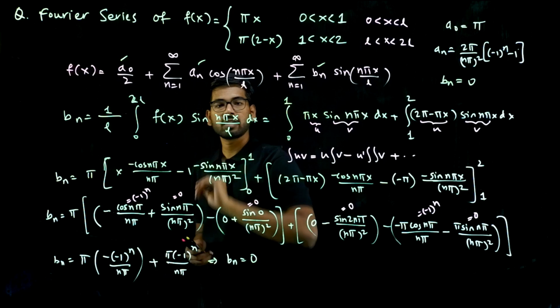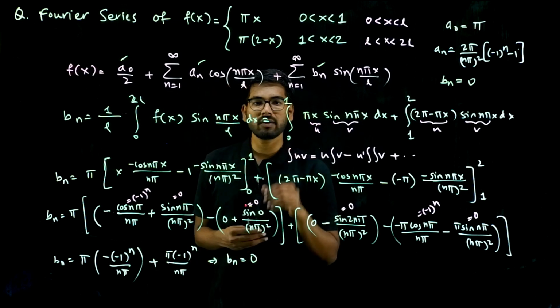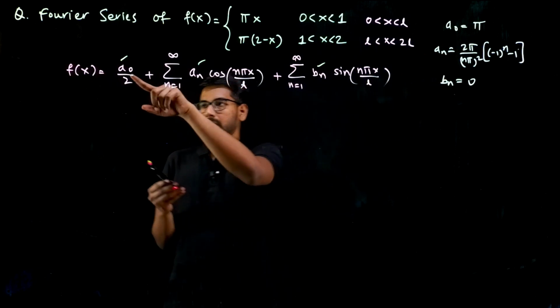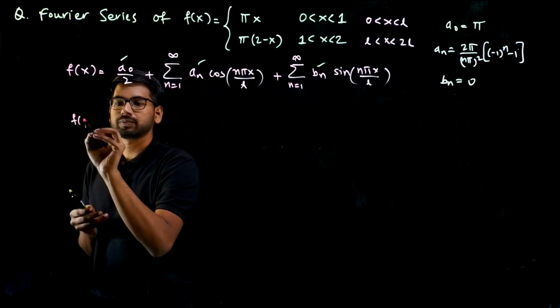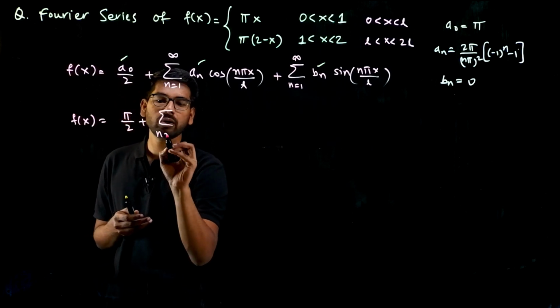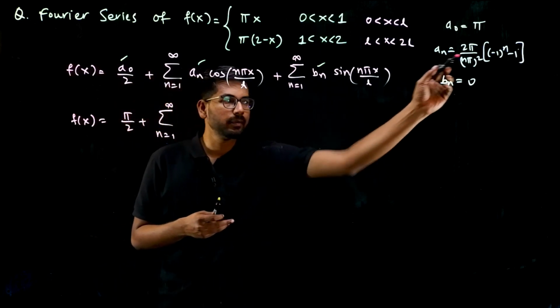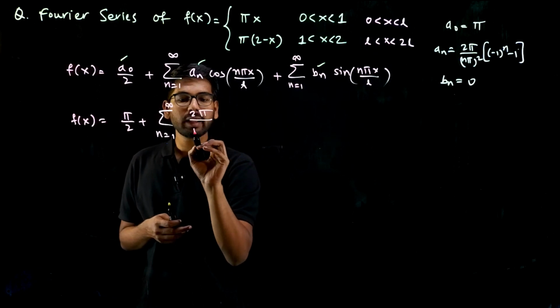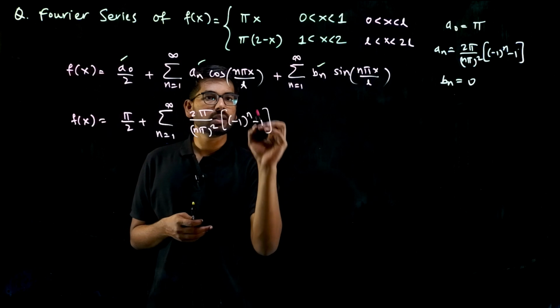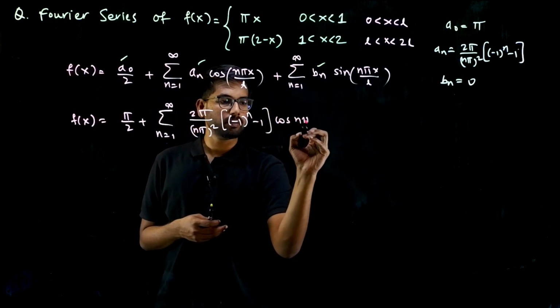Now we have found out a0, an and bn. Let's substitute them in the Fourier series expansion and let's see what we'll get. So if we substitute a0 is equal to pi, what will you get here? F of x is equal to pi by 2 plus summation from 1 to infinity. What is an? An is 2 by pi n square into minus 1 power n minus 1 into cos n pi x.